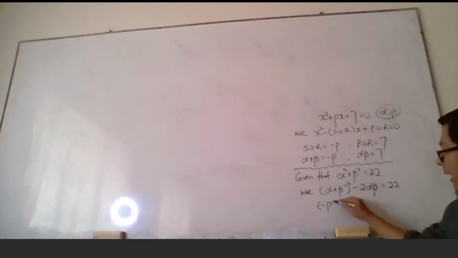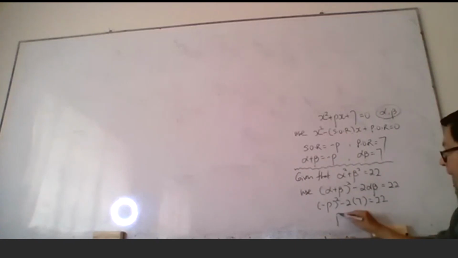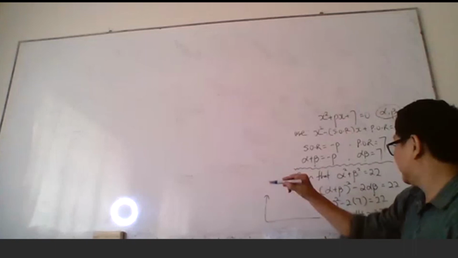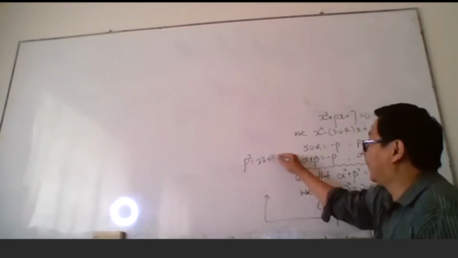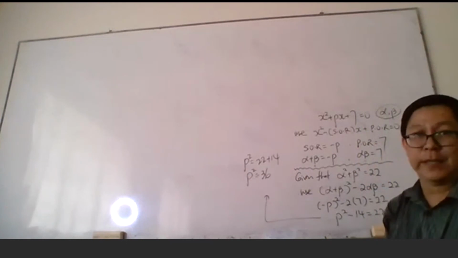Alpha plus beta represents negative p, and alpha times beta, you get 7. So p squared minus 14 equals 22. I will continue on the other side. So p squared equals 22 plus 14. P squared will be equivalent to 36.